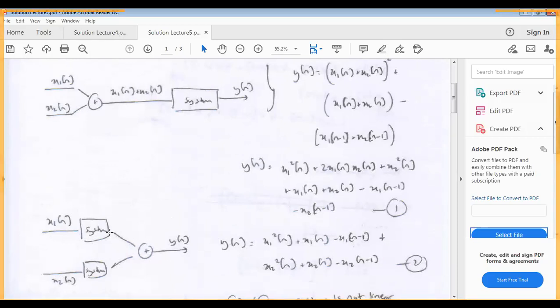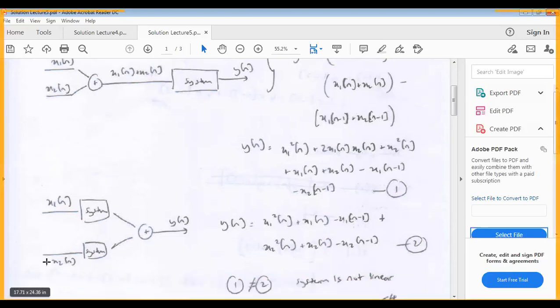For example, for the first input x1n, the output will be x1n squared plus x1n minus x1n minus 1. For the second input x2n, the response of the system will be x2n squared plus x2n minus x2n minus 1. So yn is just a summation of these responses. So we have output number 2.